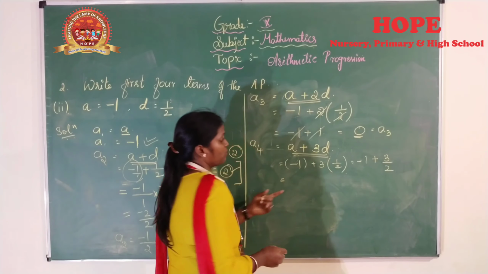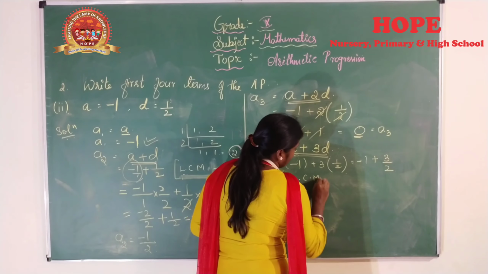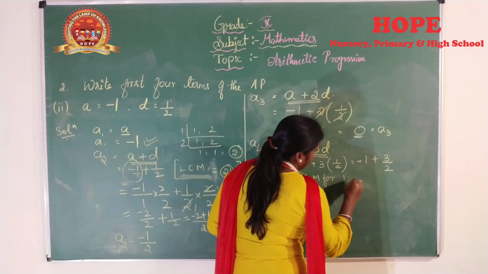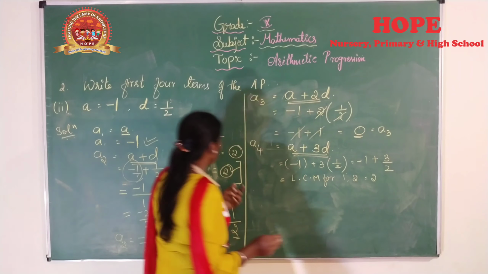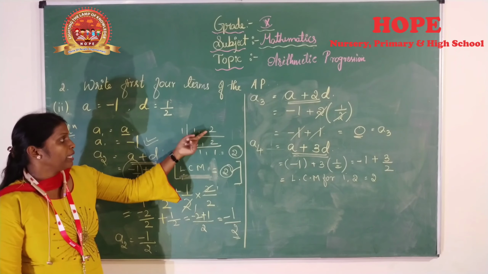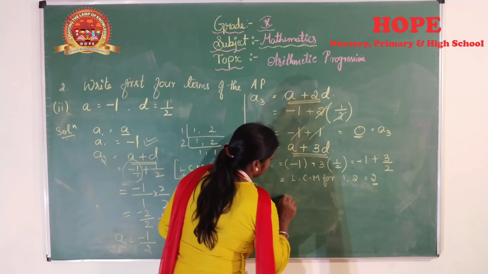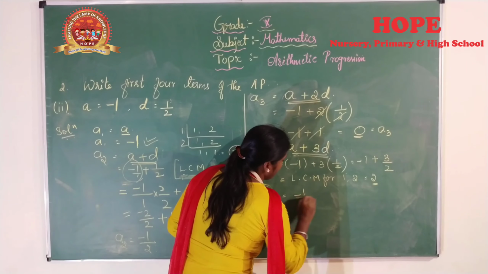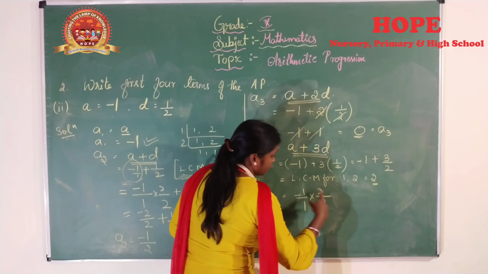So as we found the LCM for 1, 2, which is equal to 2. As we found it here, the LCM for 1 and 2 is 2. We are taking the same thing here also. So minus 1 by 1 into 2 divided by 2.